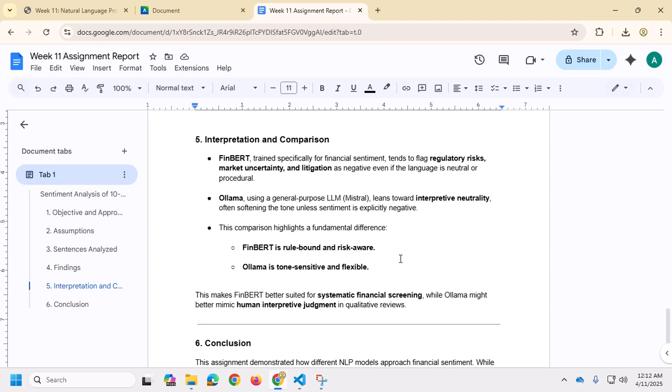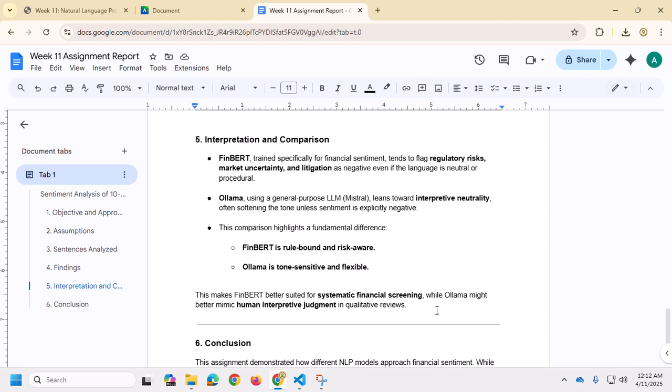So basically, we can say that this makes FinBERT better suited for systematic financial screening, while Ollama might better mimic human interpretive judgment in qualitative reviews. Of course, ChatGPT or any other kind of LLM is based on our knowledge, our emotions, and everything that we have to do with it.